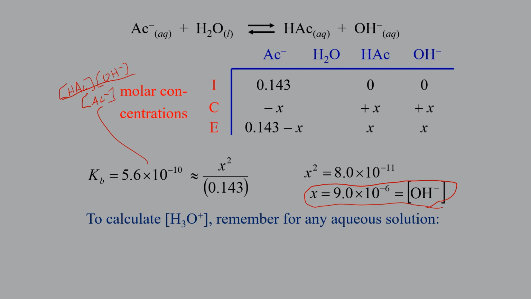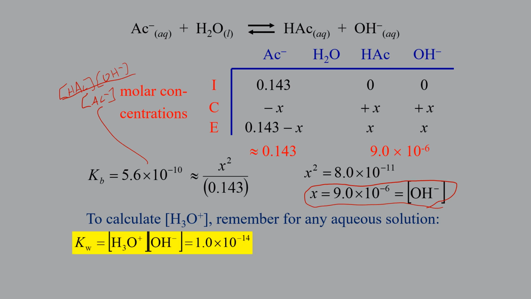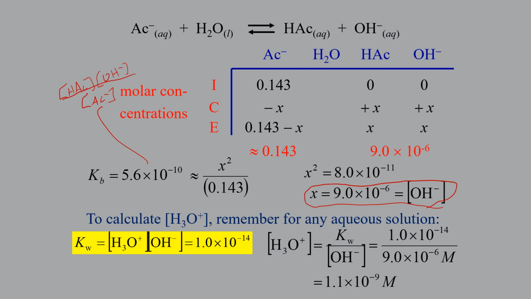But fret not, you can get to the hydronium concentration for any aqueous solution by virtue of the Kw expression right here, and that gives us 1.1 times 10 to the negative 9 molar, giving us a pH of about 8.95. And so this is the calculation for the pH at the endpoint of a weak acid-base titration.